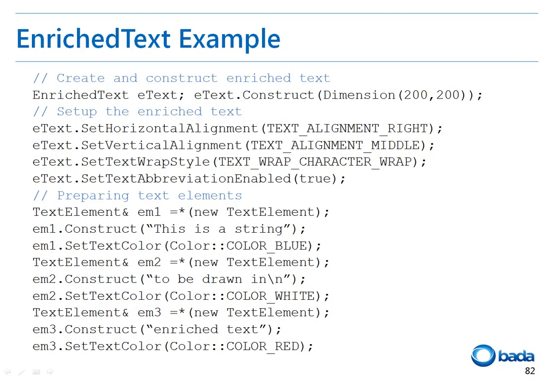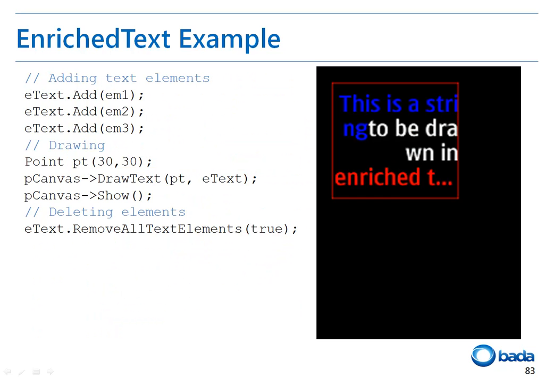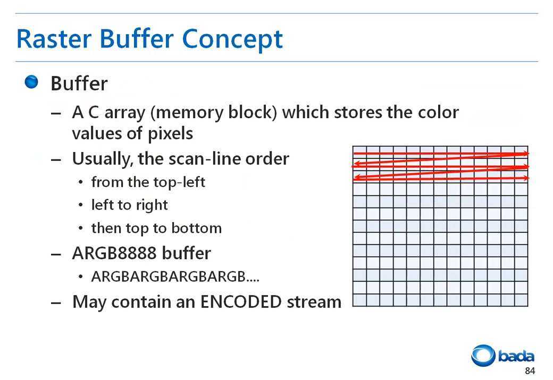First, a text string element is necessary, and then we can specify the color and font. I've created a few elements with different colors. When you add these text elements to the enriched text and draw the text on the screen, you can see the following result. As you see here, the text string is aligned as specified, and the part of the text string that extends beyond the boundary is cut off.